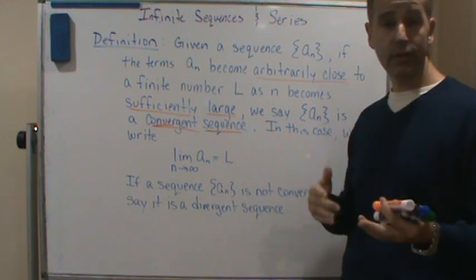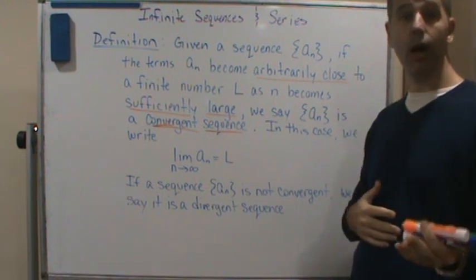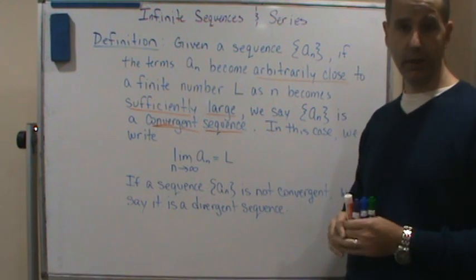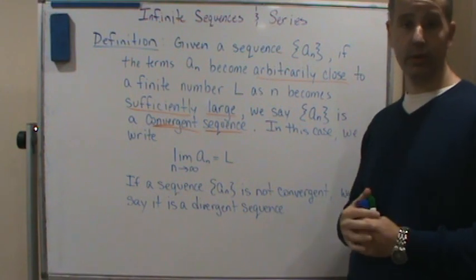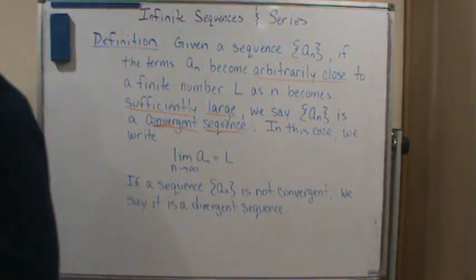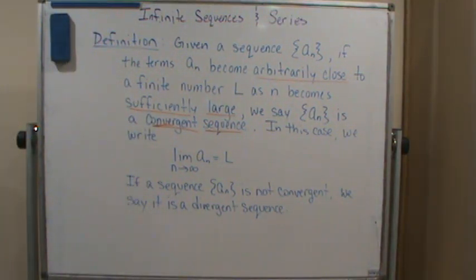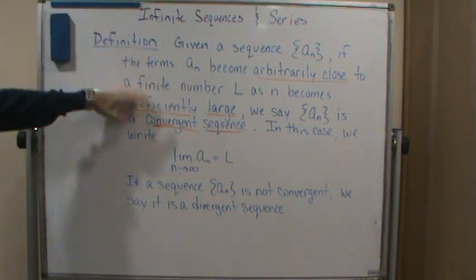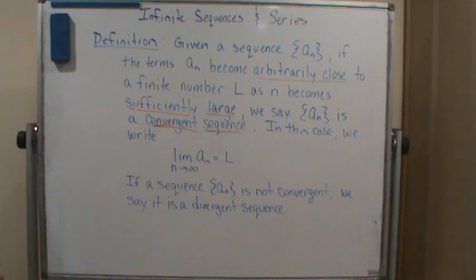Now, some of the sequences that we've talked about, some of those we would define as convergent. And some of those we would consider divergent. Okay, so we're going to get to that later on, but let's first go on to the precise definition. So this is a general definition, but it's not very precise. And so in the next video, I'm going to introduce you to the precise definition of when we talk about limits of sequences.